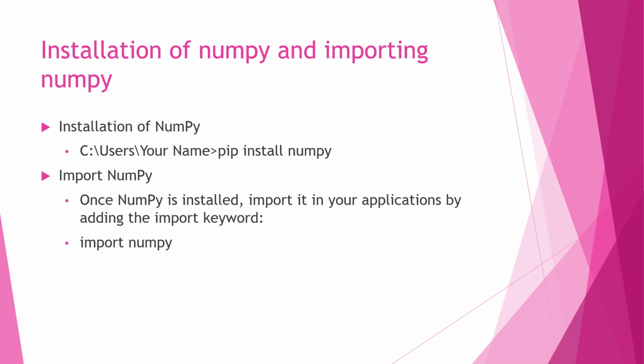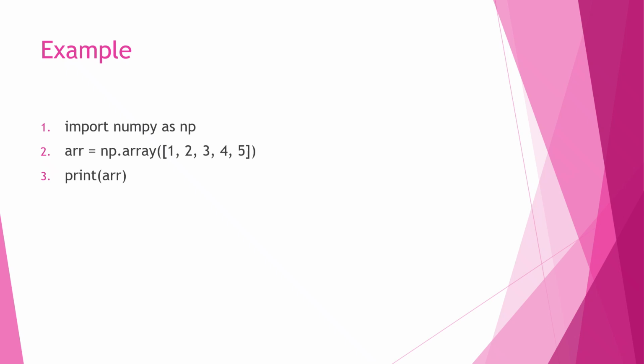First, we have to install NumPy if it is not already in the Python environment. To install this, we use the pip command, pip install numpy, from the command prompt. Once installed, we can import this NumPy library using the import command, and then we can create a NumPy array.